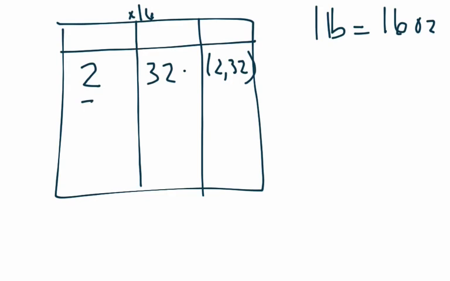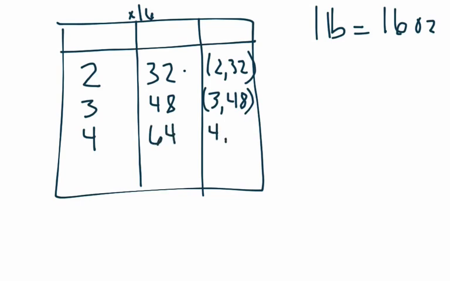Then we have 3 pounds. So what do we need to do? Multiply. 3 times 16 equals 48. Now we put 3 and 48 right there on the table. The next one is talking about 4 pounds. So 4 pounds times 16 equals 64.